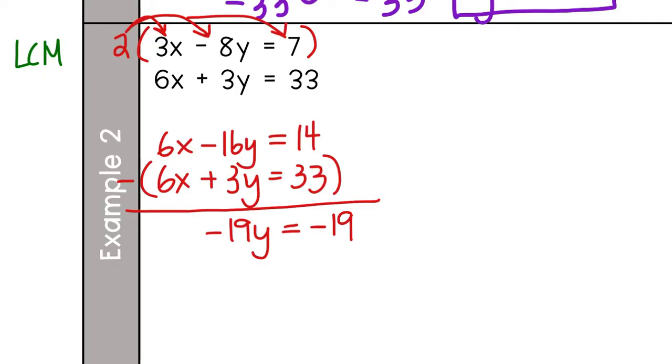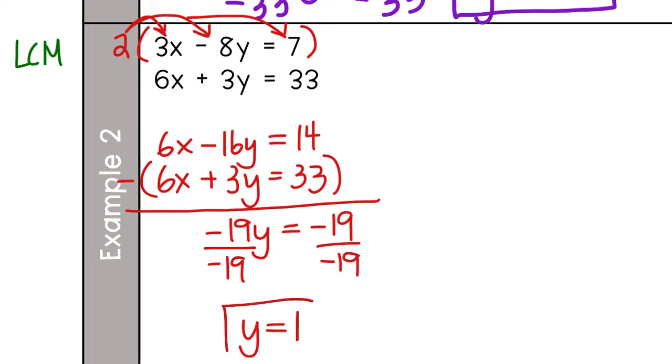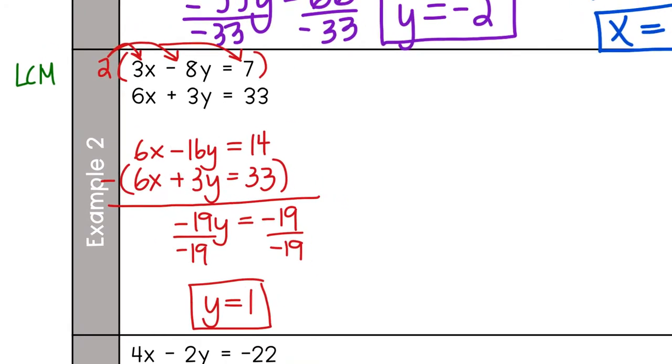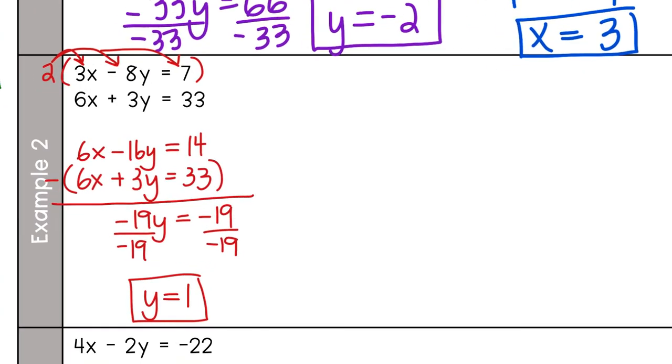So I'm trying to solve for y here. So one more step, divide both sides by negative 19. So y equals negative divided by a negative is a positive, and when they're both the same number, that's just 1. Okay, but I still need to go back and solve for x.